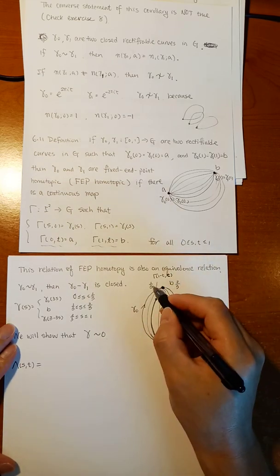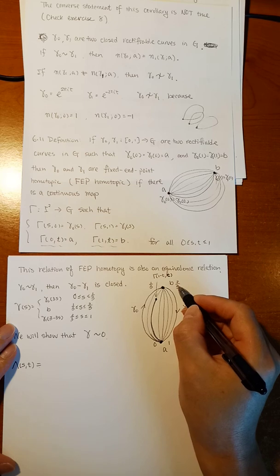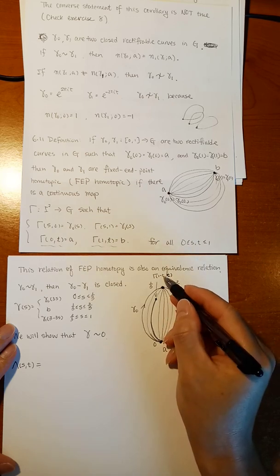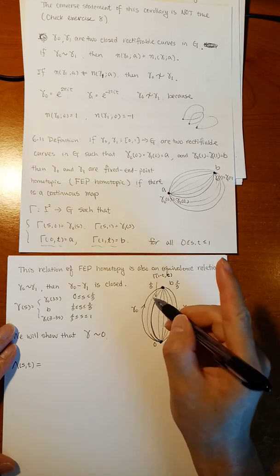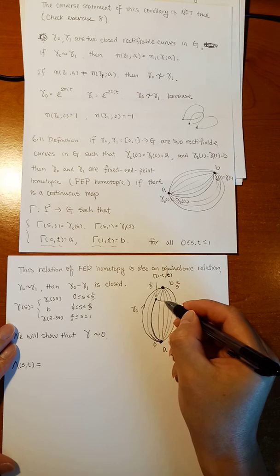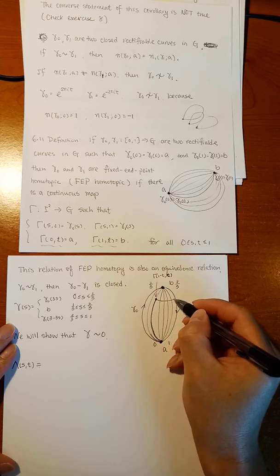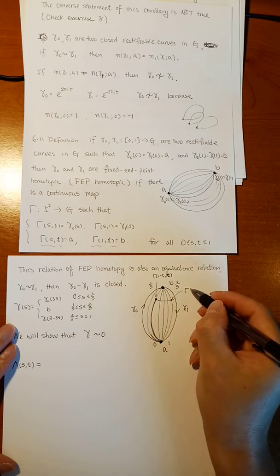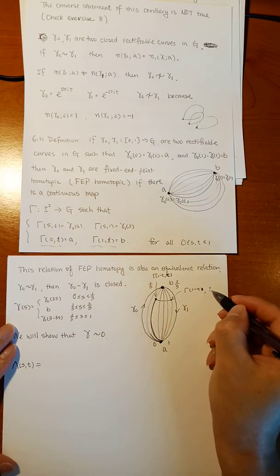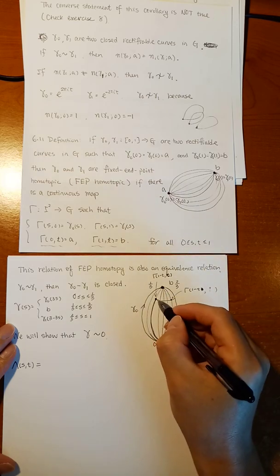And between 1/3 and 2/3, I'm going to do what? 1 minus t, this t is fixed. I'm going to go this way. Every point, its first coordinate is going to be 1 minus t. I go this way.